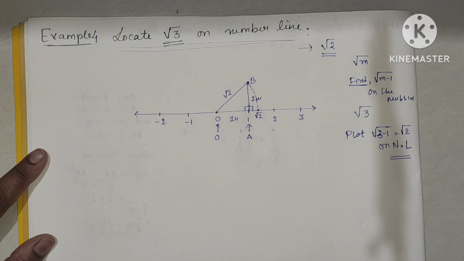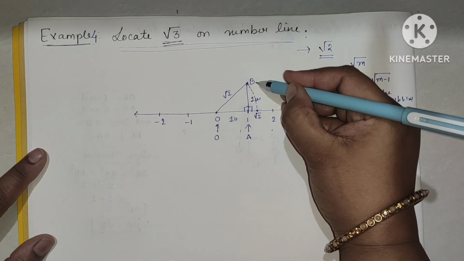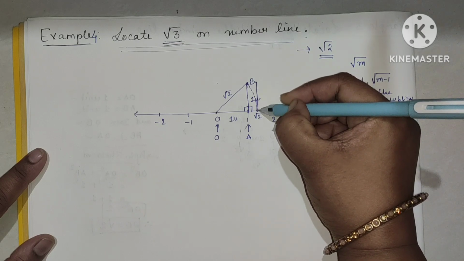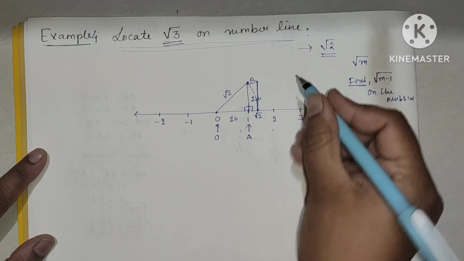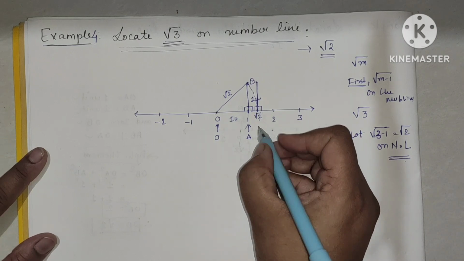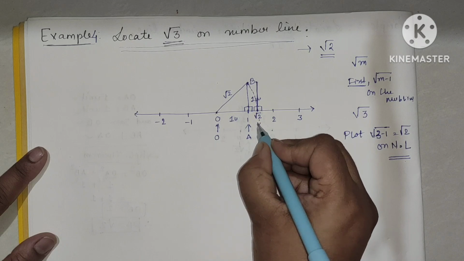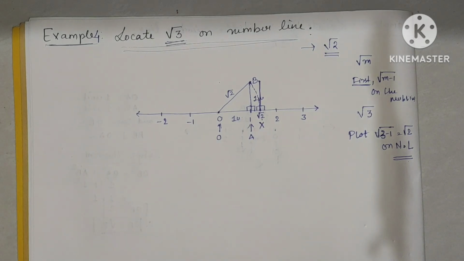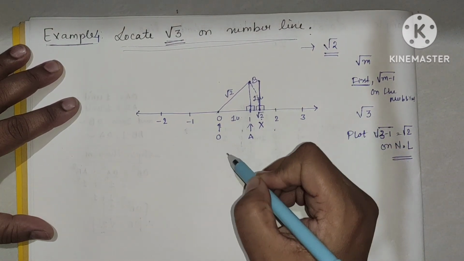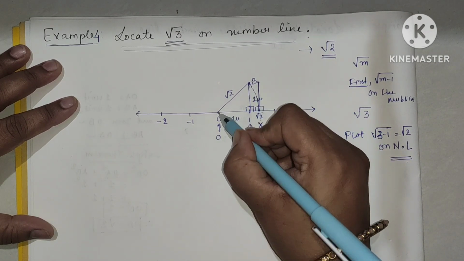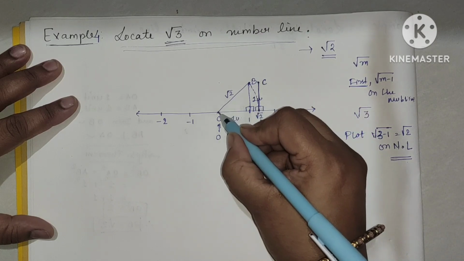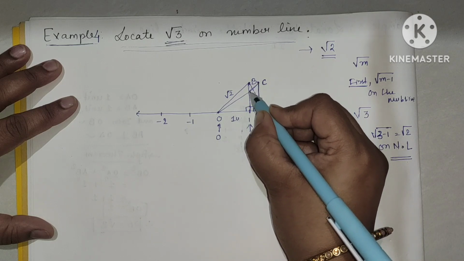Now what I have to do, I will draw a straight line over here of 1 unit distance again, but this line will be perpendicular at the point root 2, which I have named as X. Again, you are going to join this to O. I'll label this point with C. So I'll join OC.